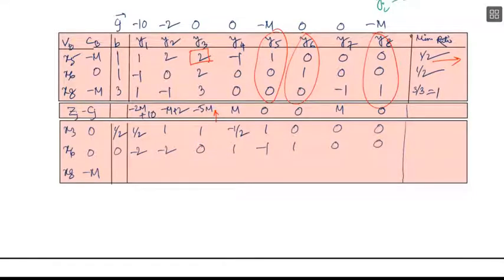And to make the third element below the key element 0, we multiply the transformed first row by 3 and subtract it from the third row.